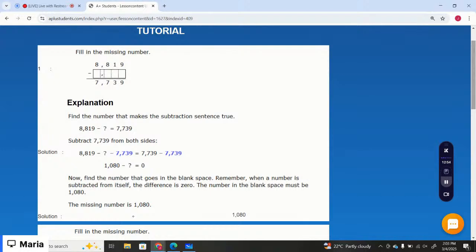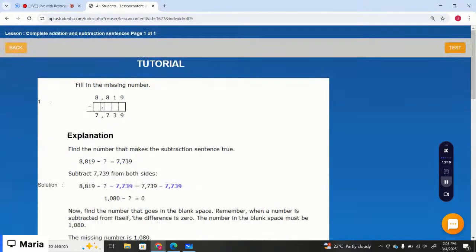So here you are left with 1,080. That means the missing number, the blank, is 1,080. When a number is subtracted from itself, the answer is always 0. So the number in the blank space must be 1,080. Got it? Let's start with the test questions.